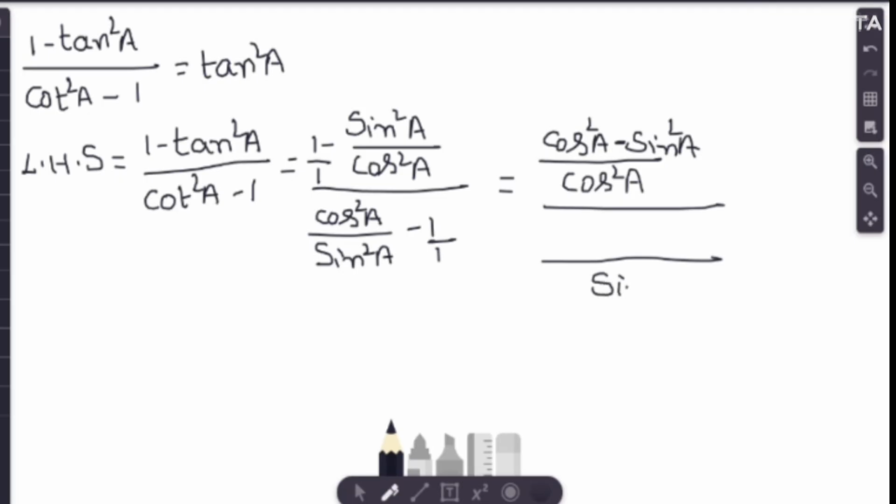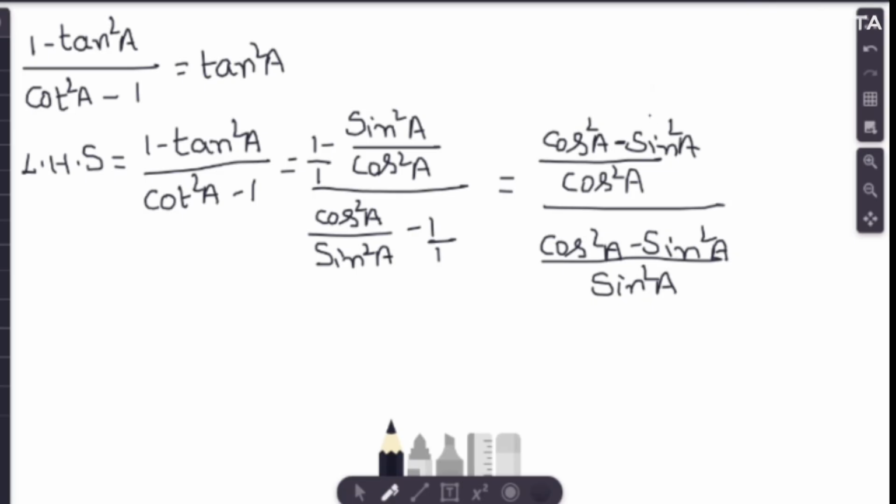Sine square A. Sine square A divides sine square A 1 time, 1 into cos square A, cos square A. 1 divides sine square A times, so sine square A. You see here also cos square A minus sine square A.